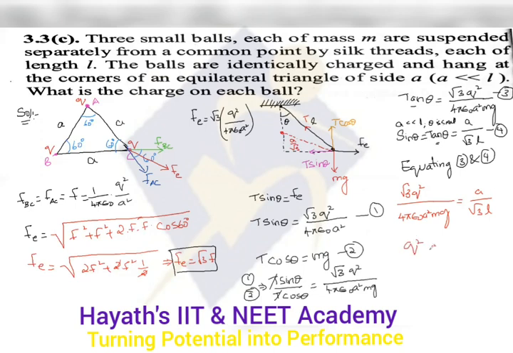So I will get q square is equal to 4 pi epsilon naught into a square into a, which will become a cube, into mg by root 3 into root 3, which will become 3, into L. If I send the square there, it will become a root, and the final answer is q is equal to root over 4 pi epsilon naught a cube mg whole divided by 3L. This is the final answer for the given question. This is nothing but the charge on each ball. That's it. Thank you.